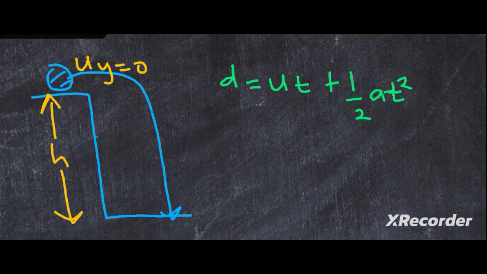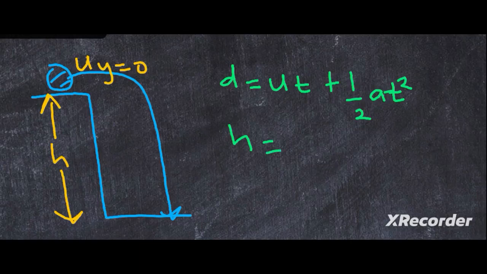We are going to substitute: where there is distance, we are going to write h, which represents the height.